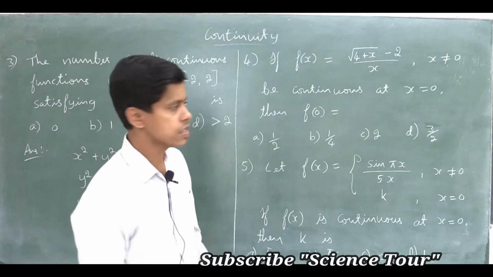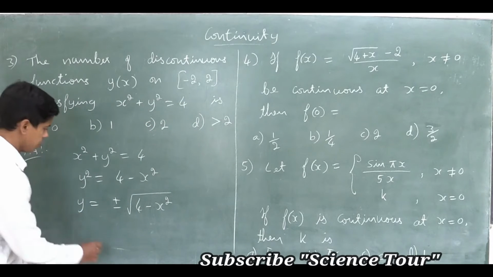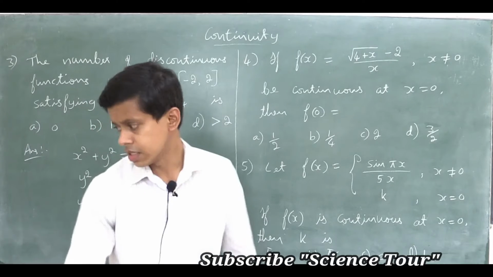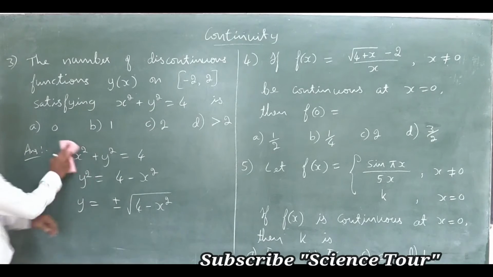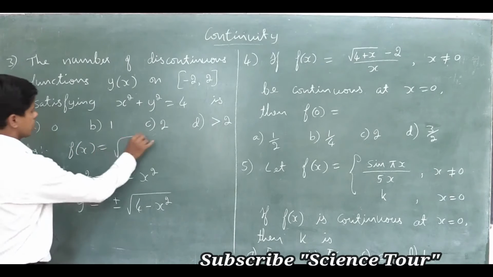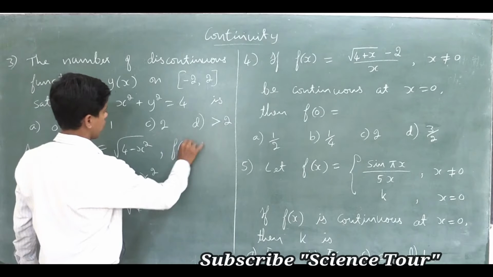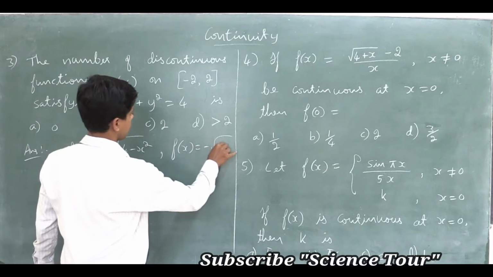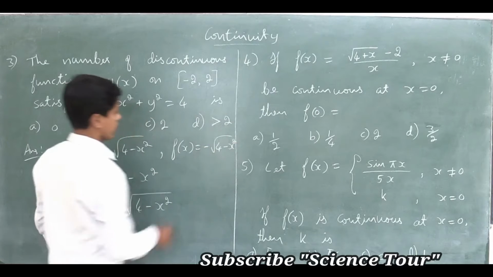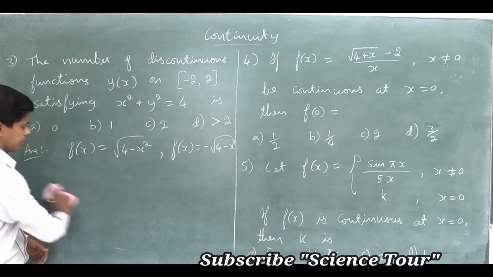Now let us understand whether this is continuous or not. So the function here is f of x is equal to under root 4 minus x square, and also you have got minus of under root 4 minus x square. So this is a single function, right?